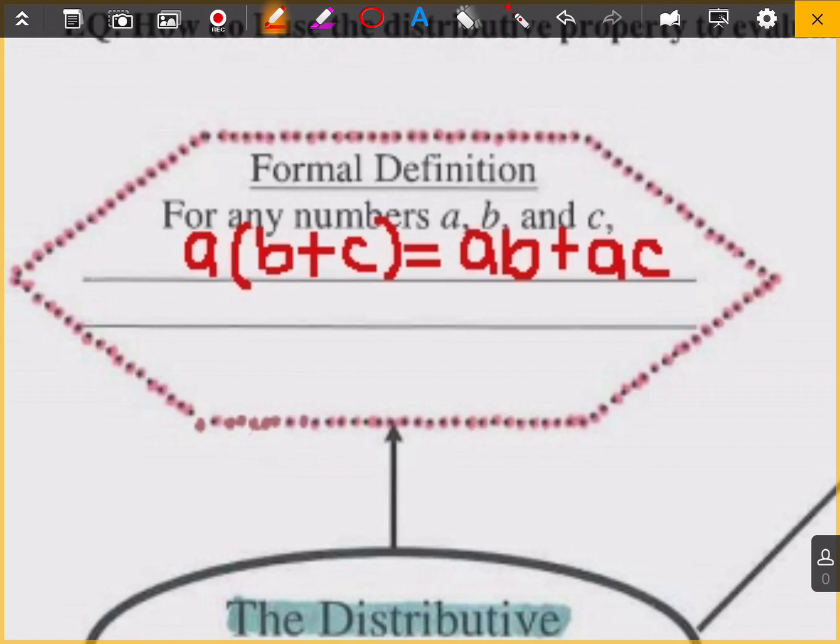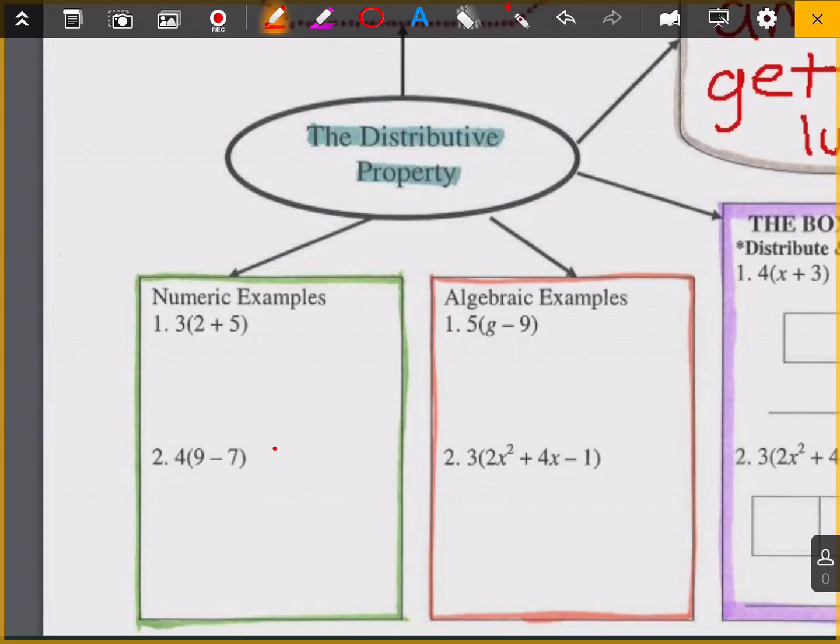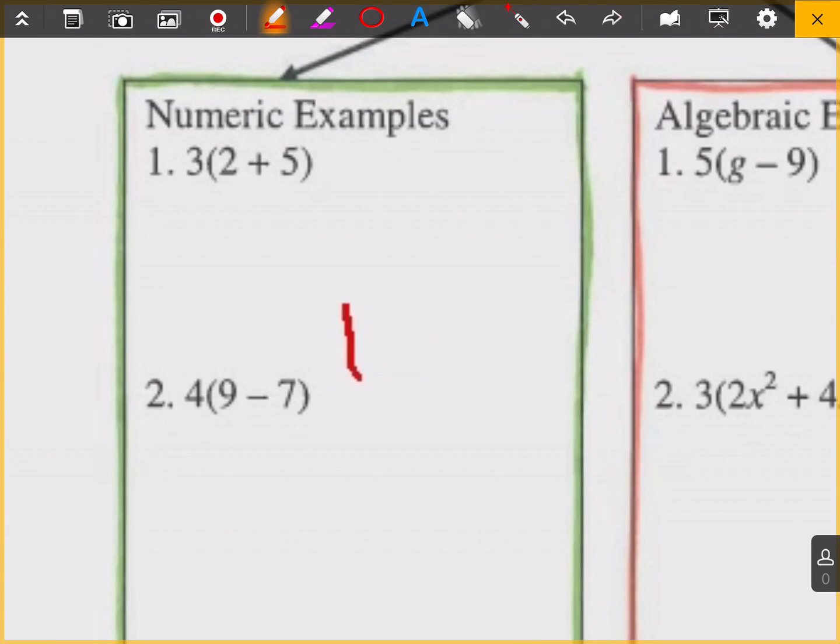We're going to go ahead and look down at our numeric examples. The first one is 3 times 2 plus 5. So we're not going to do the parentheses first like we would in order of operations. What we're going to do is distribute that 3 to the 2 and to the 5.